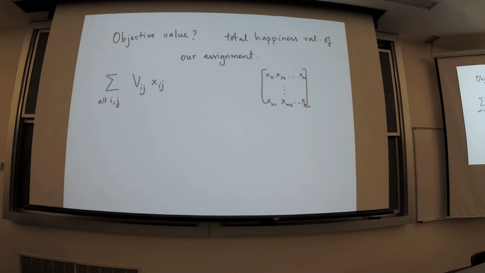Ideally, what we would like to do is sum over children i of v_ij, where j is the gift assigned to child i.